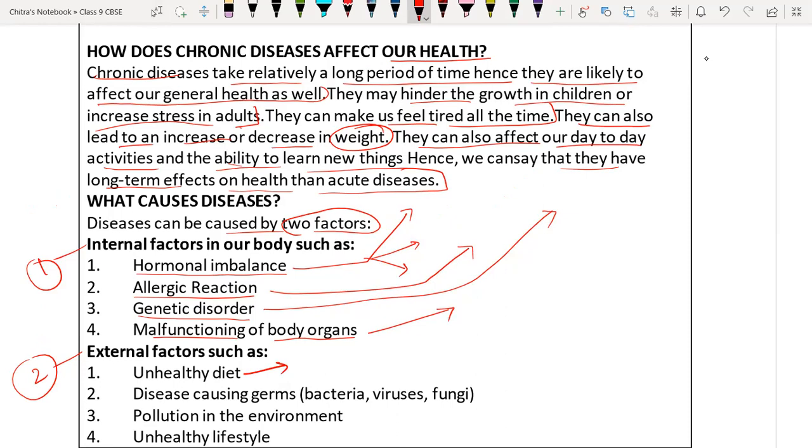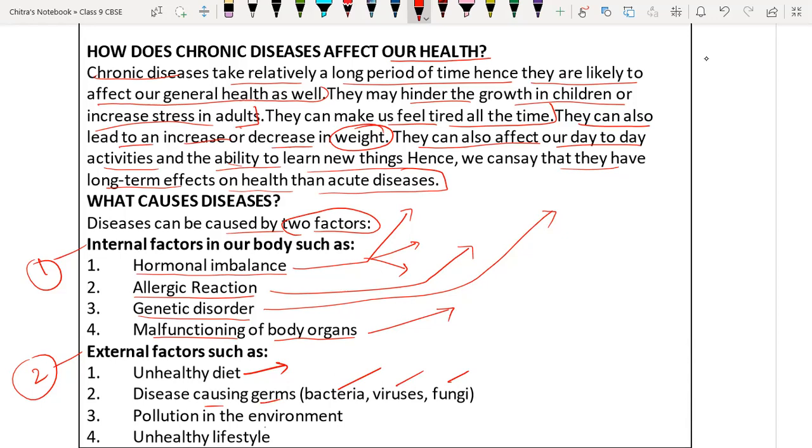Disease-causing germs like bacteria, viruses, fungi, nematodes, the disease-causing pathogens, enter our body through the oral route, that means through food, water or air, or the oral-fecal route. All these are nothing but the transmission of disease-causing bacteria, viruses and fungi from the outer environment to our body. They may lead to various kinds of diseases. So these are again external factors.